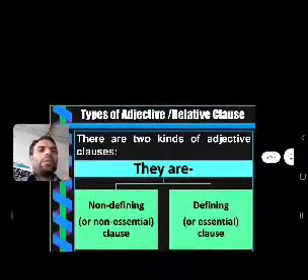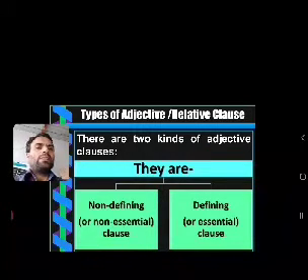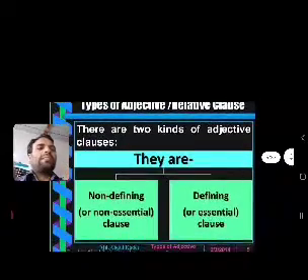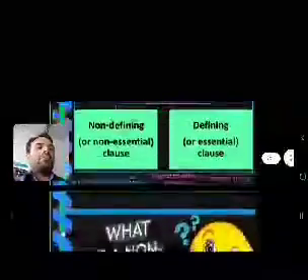So we have two types of adjective clause or relative clause in English, that is non-defining clause and defining clause. Non-defining is also called a non-essential clause, and defining is called an essential clause.